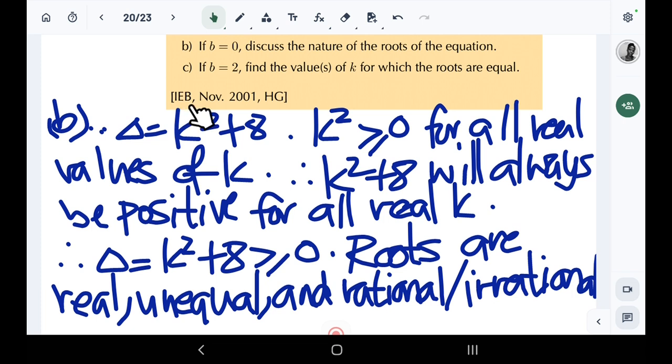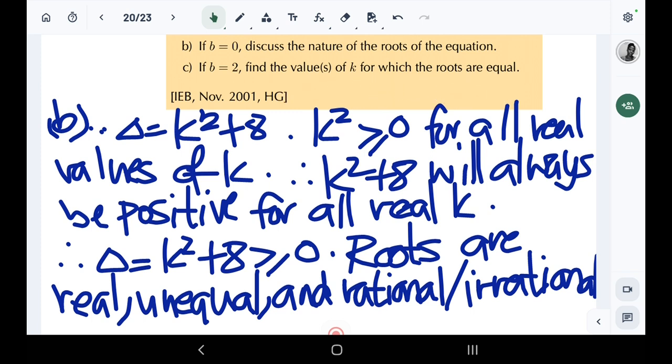And this comes from the IEB paper of November 2001, higher grade, which is a paper that we used to write in mathematics for higher level of mathematics, which is now called just pure mathematics. If b is equal to 2, find the values of k for which the roots are equal.